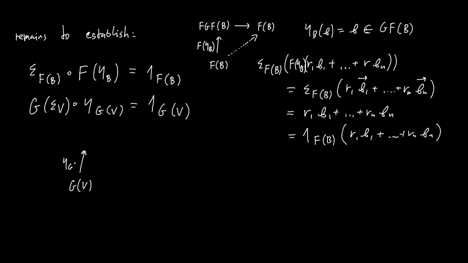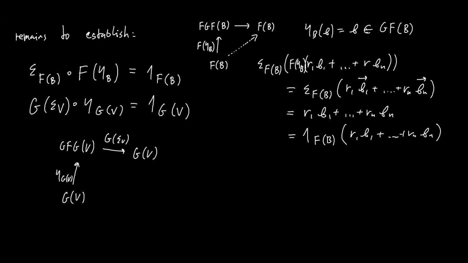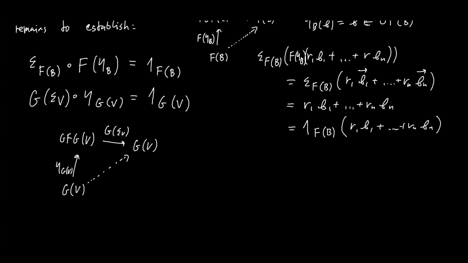So we go from there to GFGV, and then we apply G of epsilon V to take us to GV, and then we want to have identity here. So we want this composite to be the identity map.